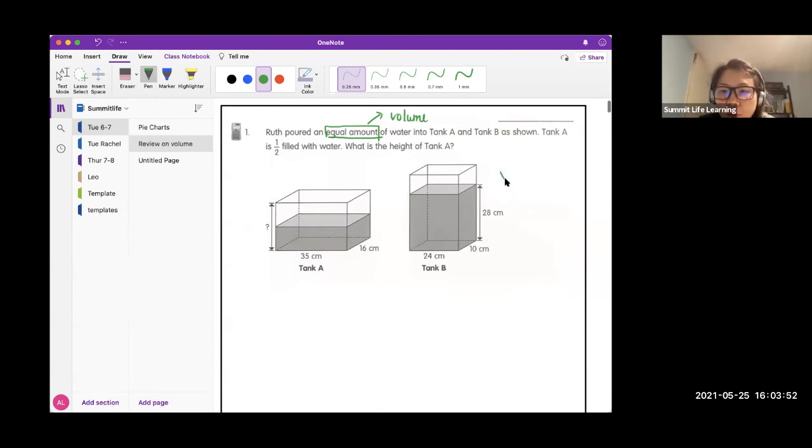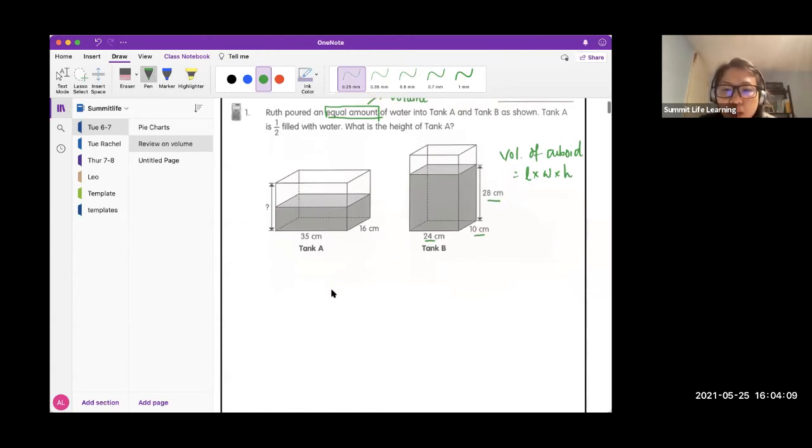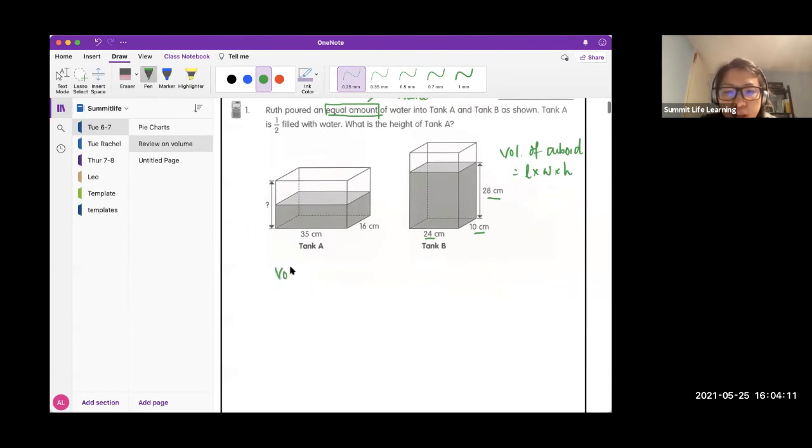You will see that for the volume of a cube block, what you need is the length, width, and height. You can see that in tank B, all three required measurements are given. So you can calculate the volume of water easily by just multiplying them together.